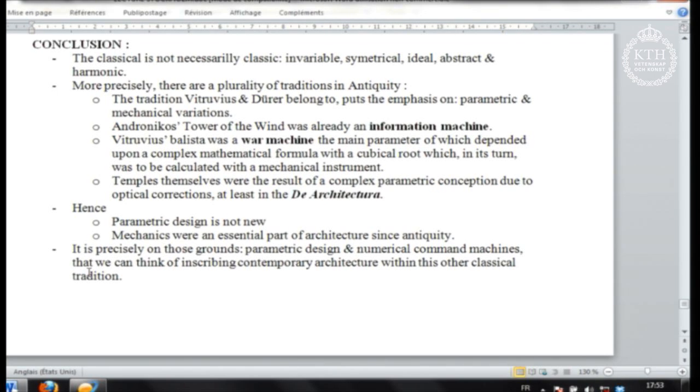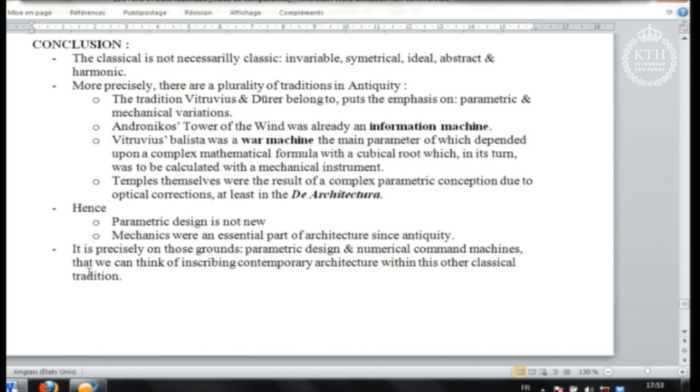To be sure, Andronikos' Tower of the Winds was already an information machine. Vitruvius' ballista was a war machine, the main parameter of which depended upon a complex mathematical formula with a cubic root, which in its turn was to be calculated with a mechanical instrument. So it's a calculus instrument that enabled the building of a war machine.